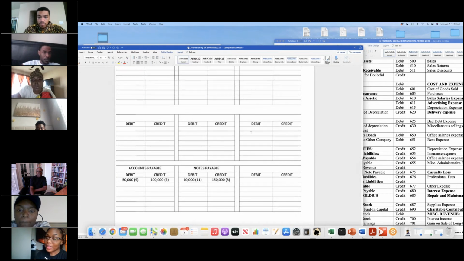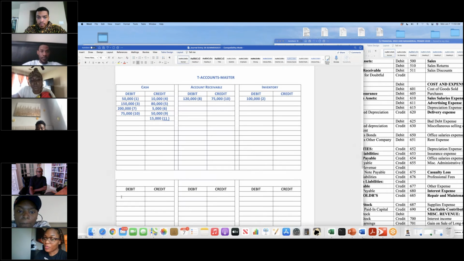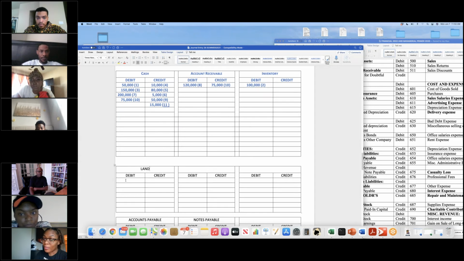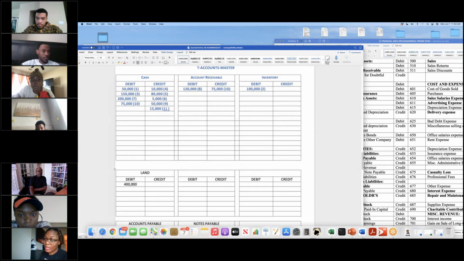So land, you have to create one for land, I think. Yep. And it's gonna be on the debit side, $400,000. And what else we gonna do? And then you're gonna go back up to cash and go to the credit side with $100,000.